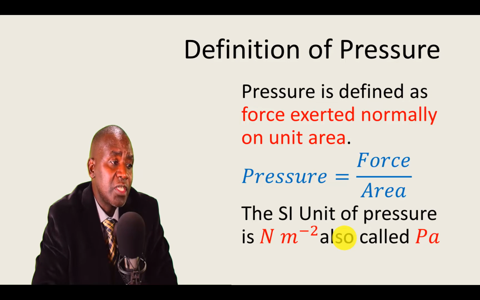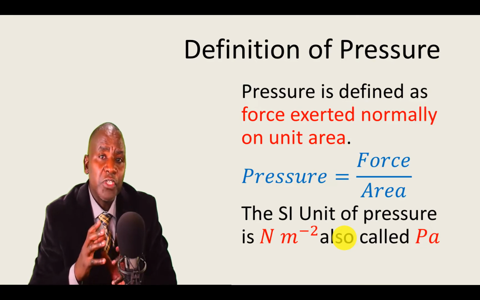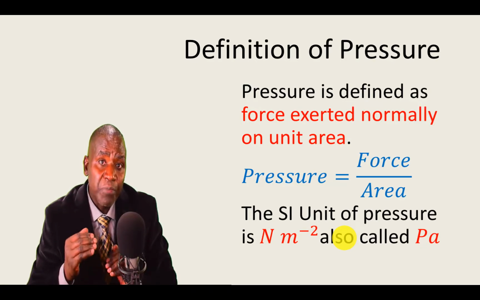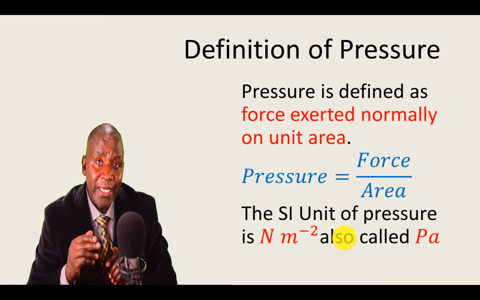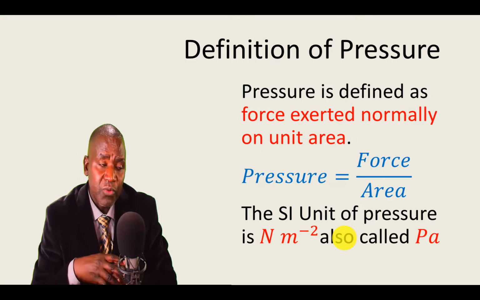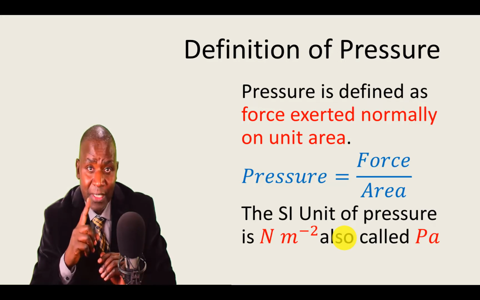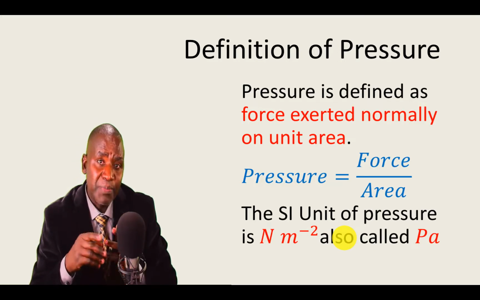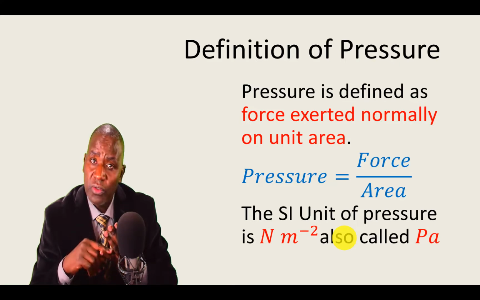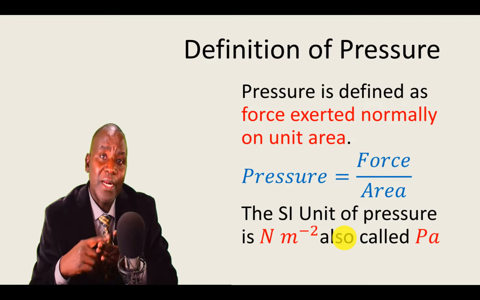It is the other unit other than the Newton per meter squared. So when units of physical quantities are names of people, we usually define one unit of that physical quantity. In other words, Pascal is the name of a person, so we want to define 1 Pascal. Just like we will be expected to define the Newton, we'll be expected to define the Coulomb, the Farad, the Volt, and so forth.